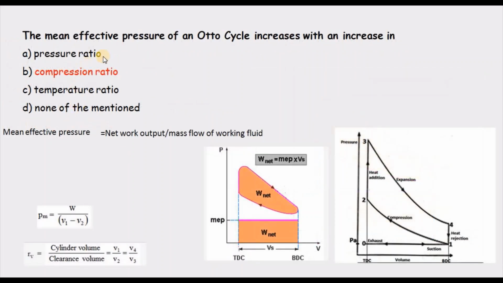The next question is, the mean effective pressure of an Otto cycle increases with an increase in what? The options are pressure ratio, compression ratio, temperature ratio, and none of the above. Let us see what the mean effective pressure is.